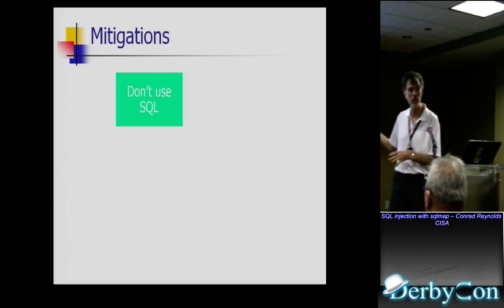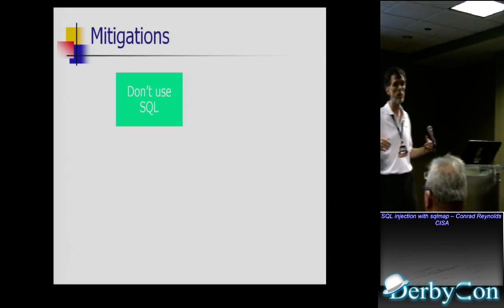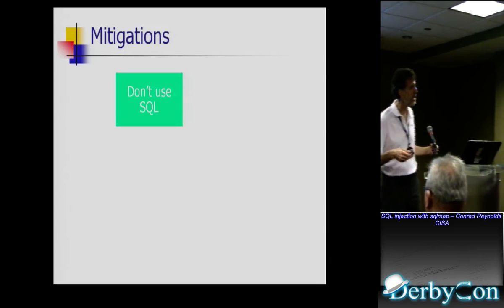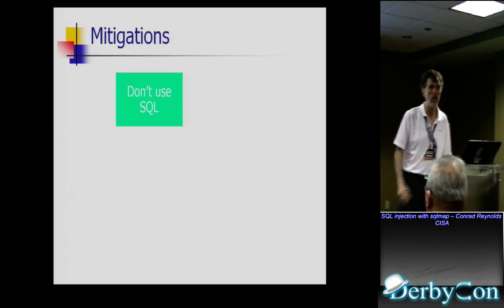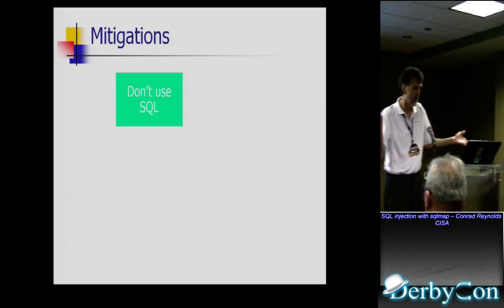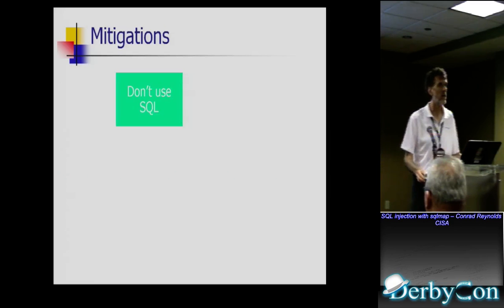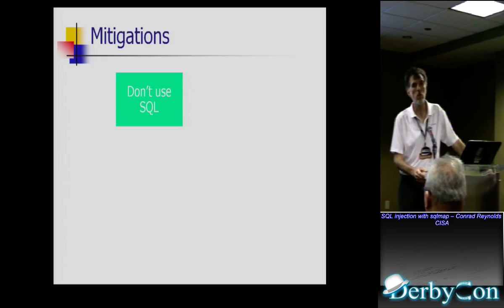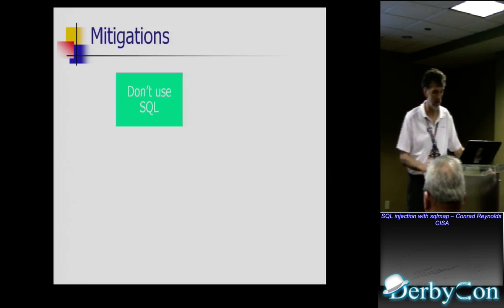Now, it sounds funny, but maybe the next time some vendor tries to bring in an application, you do some testing on it, and you find that it's rife with SQL injection problems, you just don't buy that one. You just leave it alone. Or if somebody says we want to convert an old application over to a web, tell people that, hey, it's not that cheap. You've got to go back and do a lot of rewriting and redesigning the architecture for it to work securely with the web.